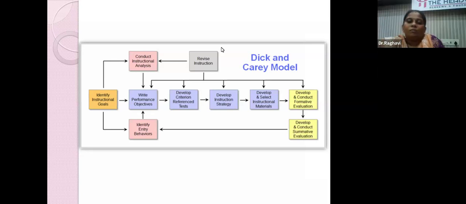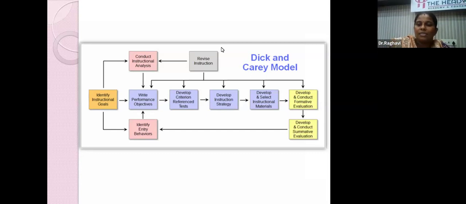Now, in the performance objectives, you must figure out the specific goals and objectives for the lesson. We call it LWBAT: the learner will be able to. The objectives must be detailed so that the learner will be able to identify what is the purpose of the war.